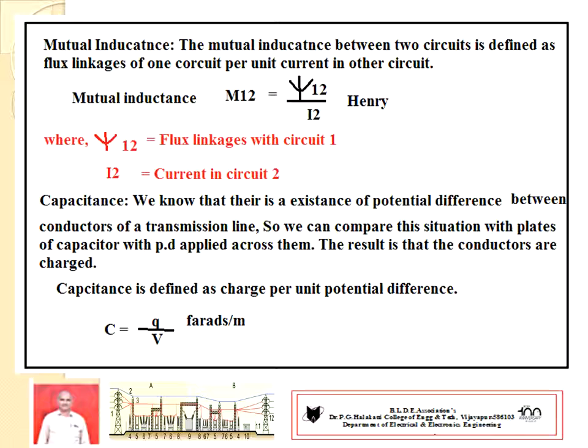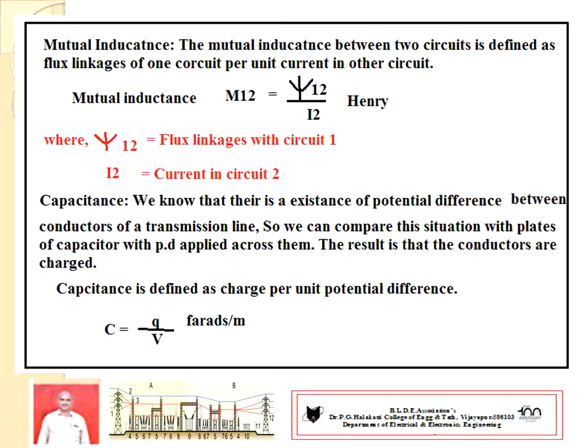In a similar fashion, the rate of change of flux linkage in the second coil due to change of current in the first coil is known as mutually induced EMF. In the same fashion, the mutual inductance between two circuits is defined as the flux linkages of one circuit per unit change of current in the other circuit.